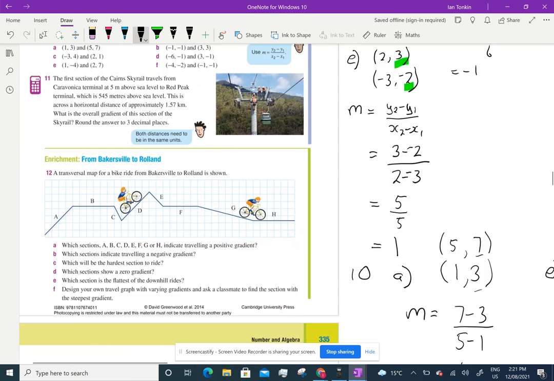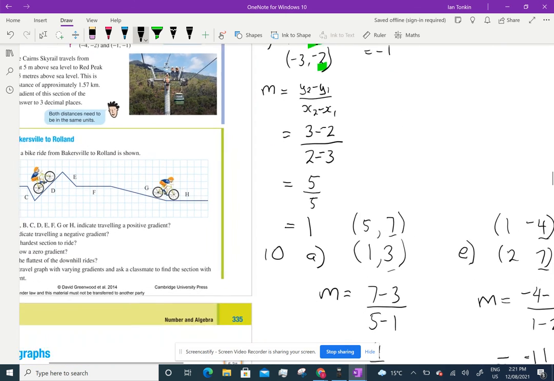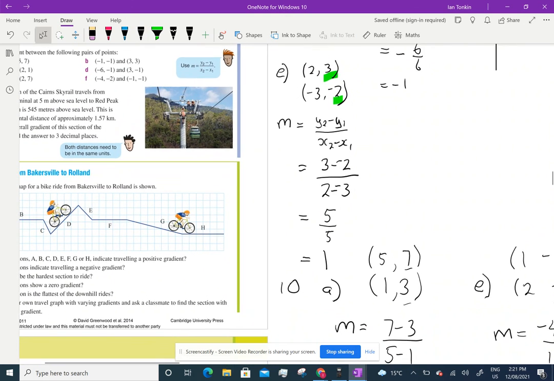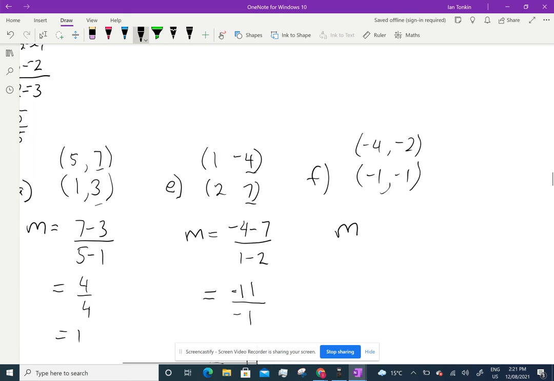I'll do one more. So this time I'll do F. It's got negatives all over the place. -4, -2, -1, -1. The gradient. Subtract the y values.